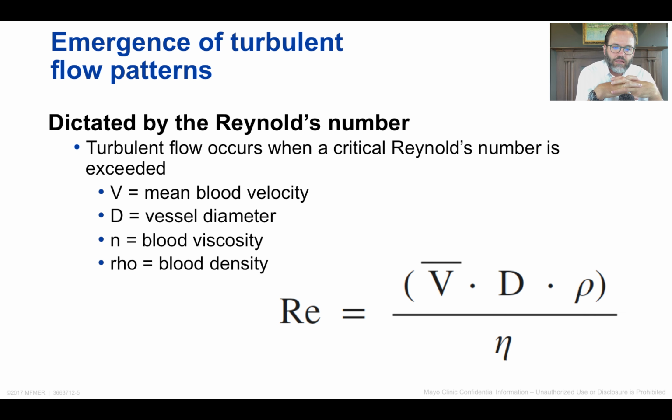But in cardiovascular disease, you can have significant reductions in the lumen size of the vessel with atherosclerotic plaque, or in aortic valve stenosis, where the valve area becomes significantly reduced. You can have an increase in turbulent flow when the Reynolds number exceeds a critical number. Here you can see that the Reynolds number is dictated by the mean blood velocity, the vessel diameter, and the blood density, divided by viscosity.